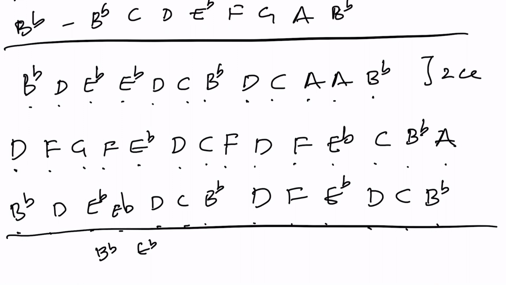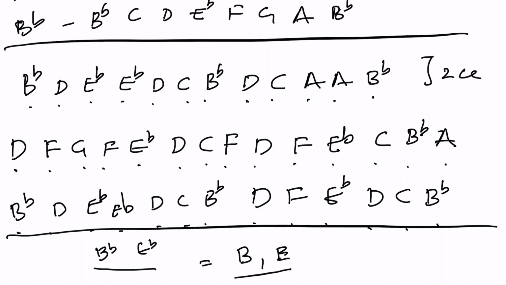I think those are the only two. We have B flat, E flat, E flat, B flat, B flat, E flat, E flat, B flat. Okay, so I think those are the only two notes that were flattened, which means that B and E were flattened.